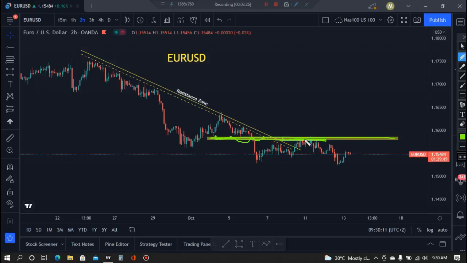So if it breaks this area, we're not going to jump and place any order. What we're going to do is wait for it to break this previous high here, and maybe if we get a retest, that's where we're going to have a nice buy.